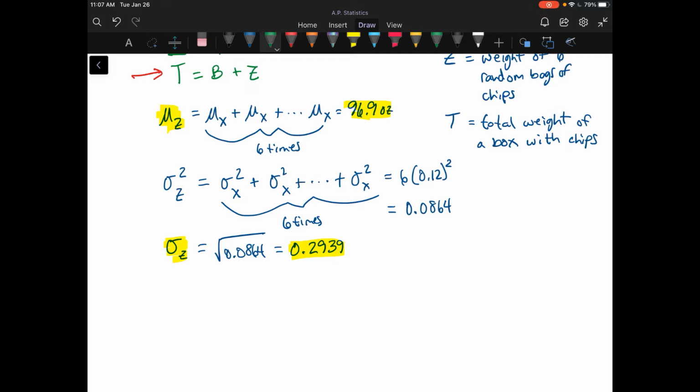So if I want the mean of T, I take the mean of B and add the mean of Z. The mean of B was 10, plus the mean of Z is 96.9. That equals 106.9 ounces. That's the mean of T.